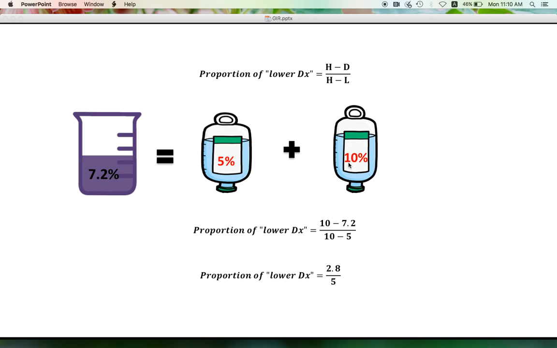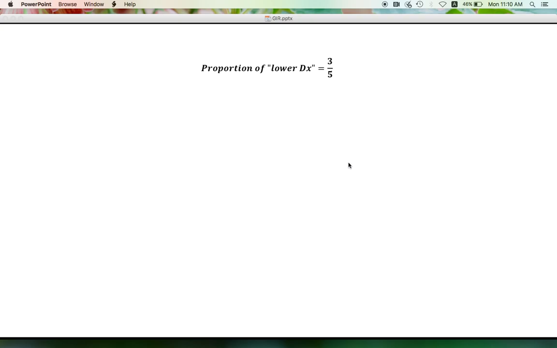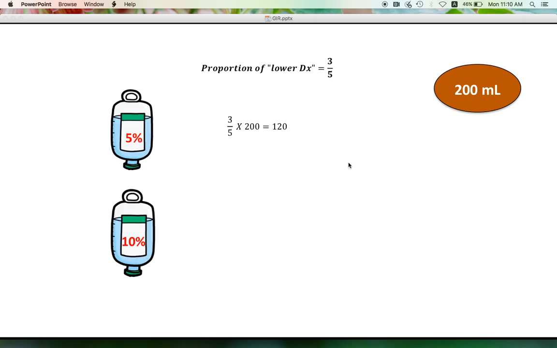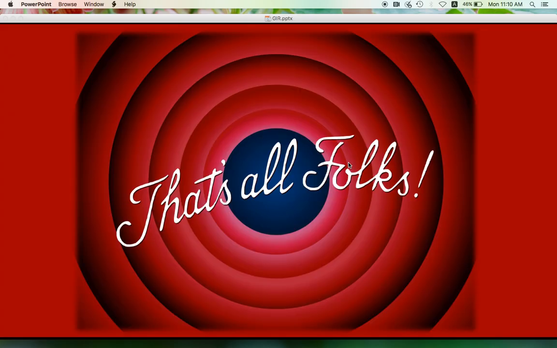Or roughly you can say nearly 3 by 5. So now you know your fractions. If you need to give your patient 200 ml of fluid, you need 3/5 of 5% dextrose, that is 120 ml, and the remaining 2/5 of 10% dextrose, which will be 80 ml. So that's all. You have successfully calculated GIR in less than 2 minutes.